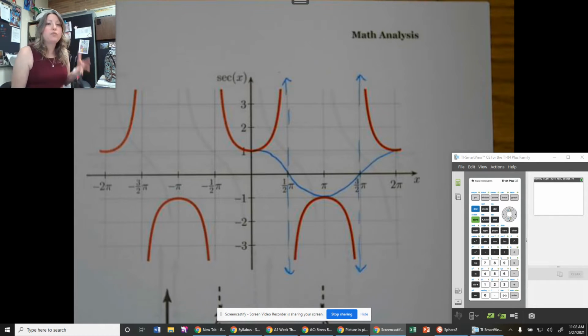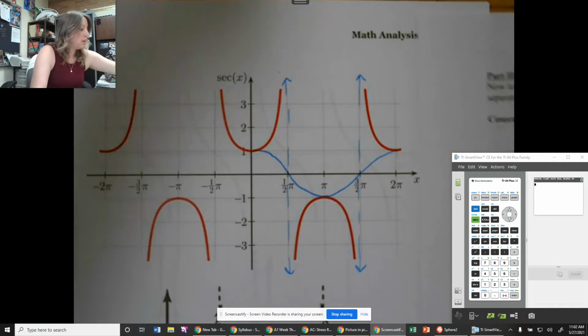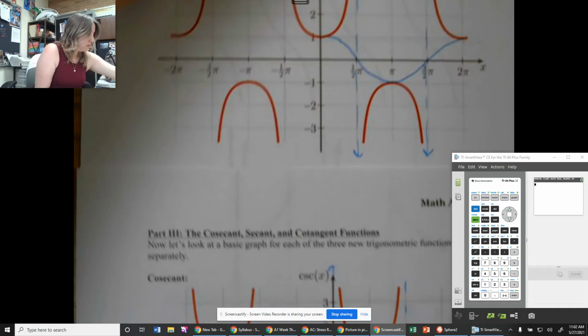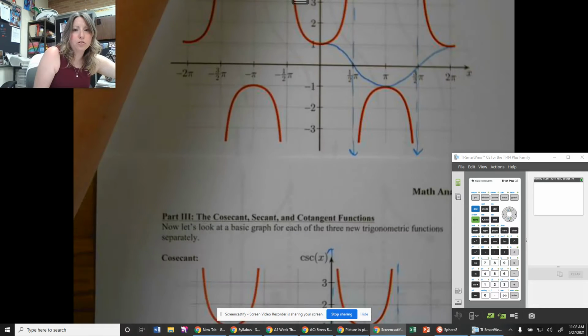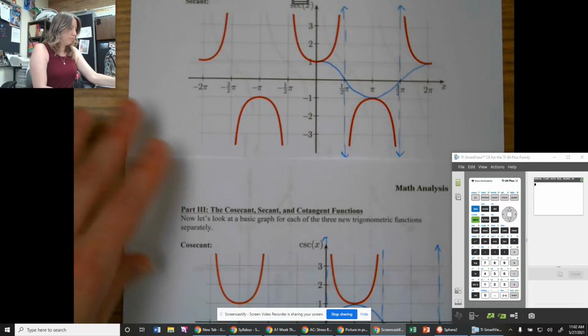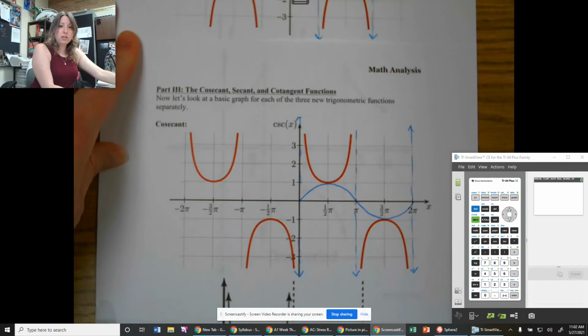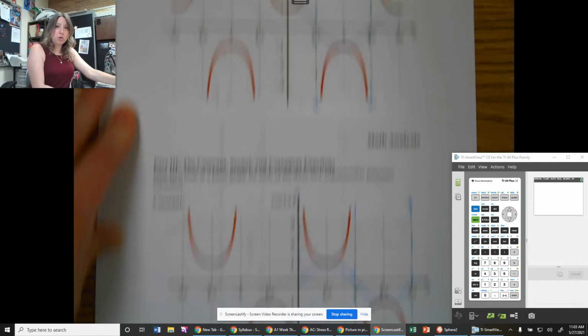So it's just very interesting how secant and cosecant end up looking, okay? I just want to show you secant versus cosecant.